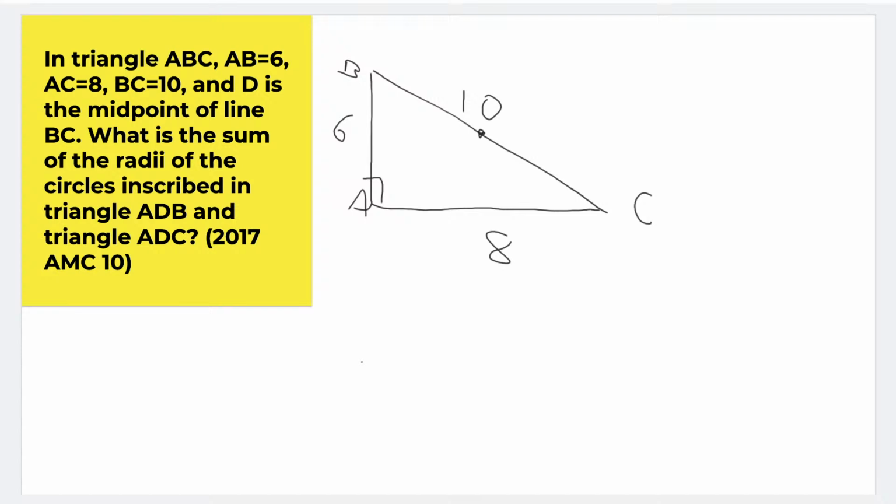Whenever I see midpoints, I start thinking about medians. So it's the midpoint of this line, and then we have the radii of the circles inscribed in triangles ADB. I want you guys to try to solve this problem, and after that we'll see the solution.